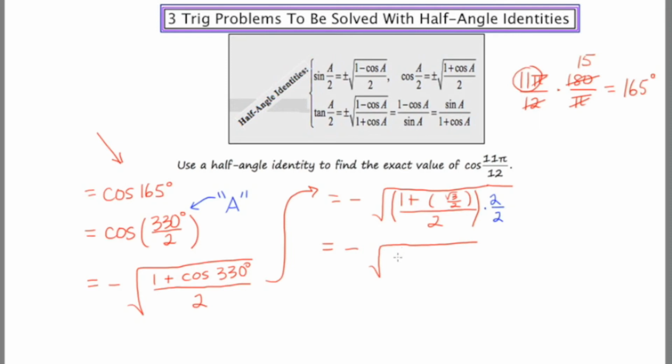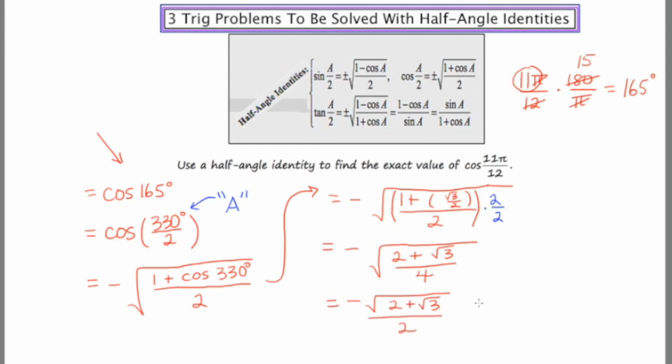On the top, we end up getting 2 plus root 3, and on the bottom, we get 2 times 2, or 4. But using the property of roots of radicals, we know that that radical is going to apply to both the numerator and the denominator. So it's really going to be the opposite of the square root of 2 plus the square root of 3 all over 2.